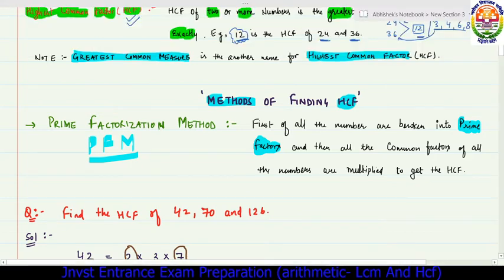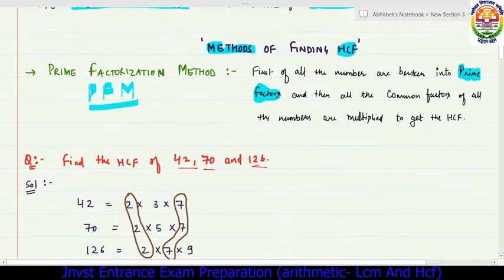If a question says find the HCF of 42, 70 and 126, first we factorize the numbers. 42 is written as 2 into 3 into 7, 2 3s are 6, 6 7s are 42. 70 is written as 2 into 5 into 7.